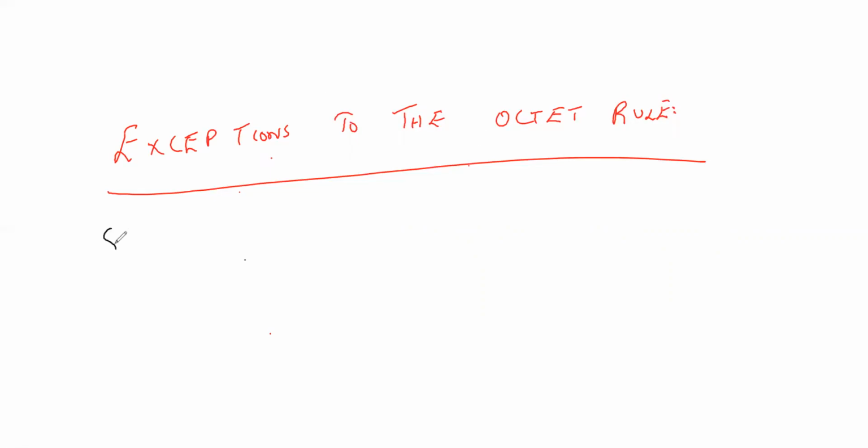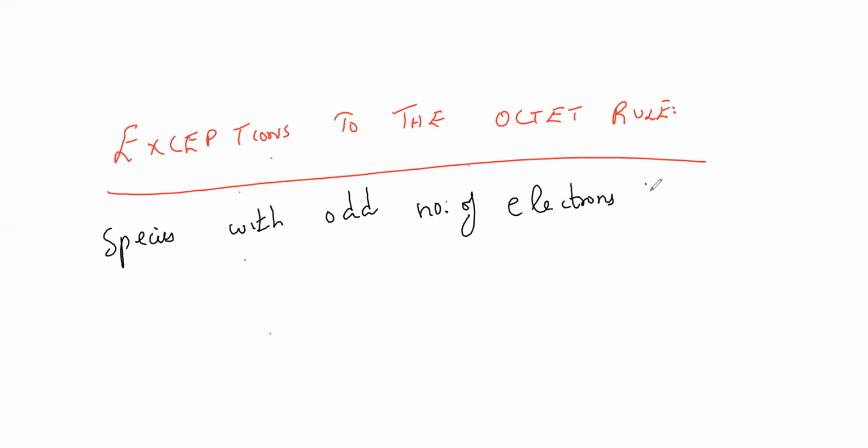That is, species with odd number of electrons: NO, NO2.